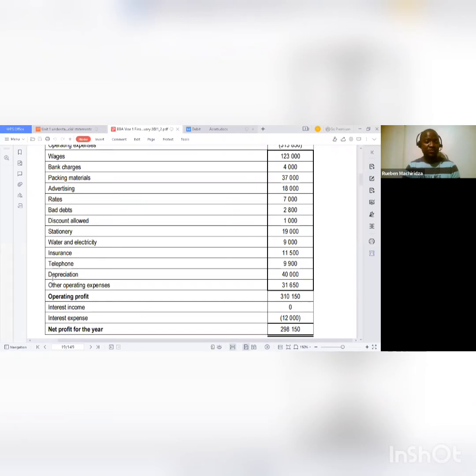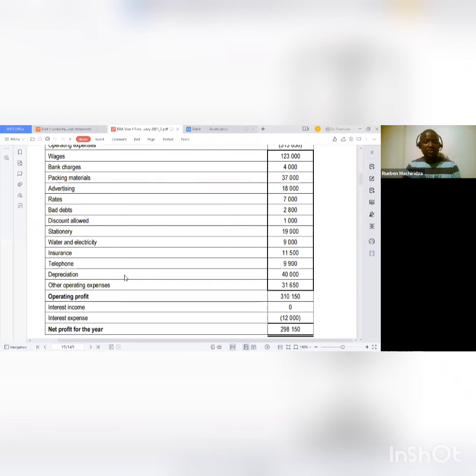You would have to either buy a new one or make the current one redundant. So depreciation is the cost that we incur due to using an asset, due to using a motor vehicle. Like I said, depreciation is mostly charged to motor vehicles or moving automobiles.